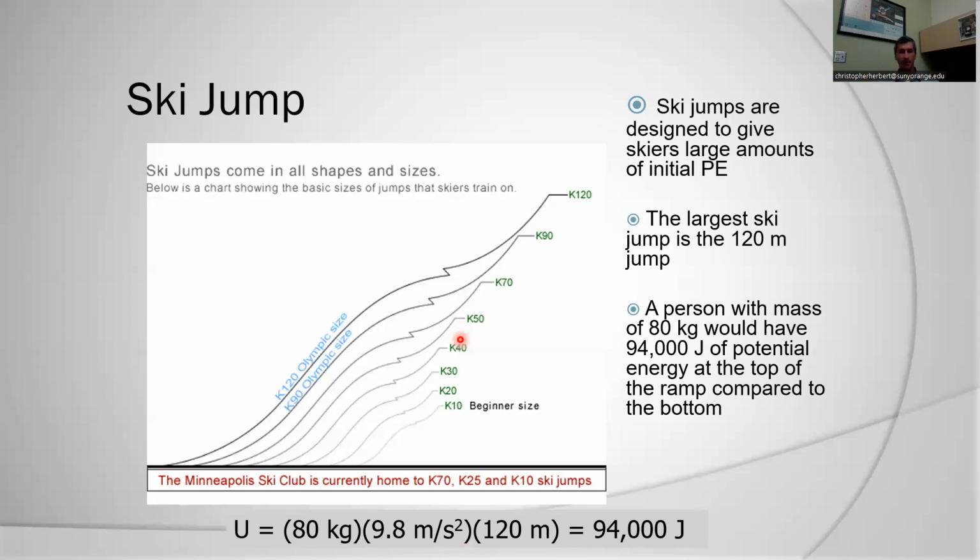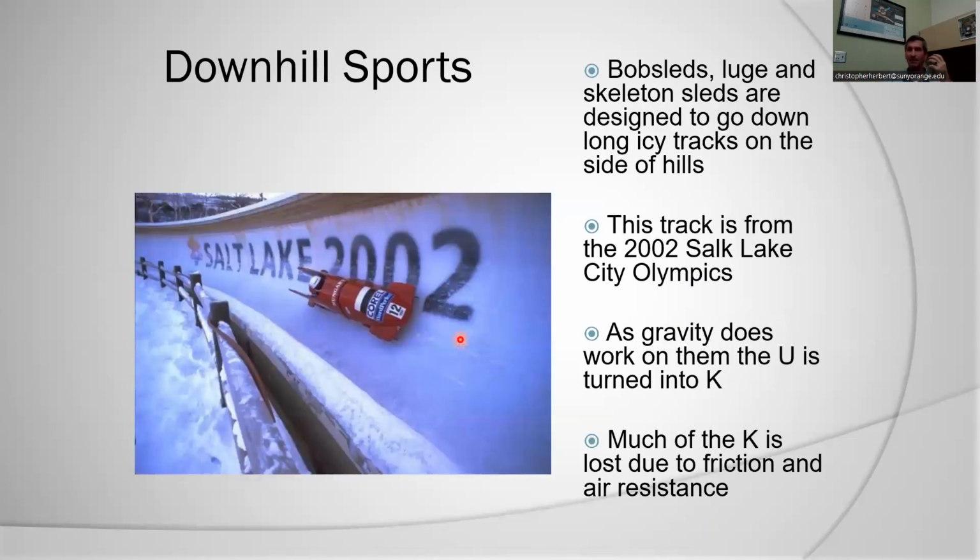An 80 kilogram person, 120 meters up, is going to have a potential energy of 94,000 joules. And just to give you a reference point, that's almost 400 feet up. That's quite a distance. But in any case, the potential energy is turned into kinetic energy.